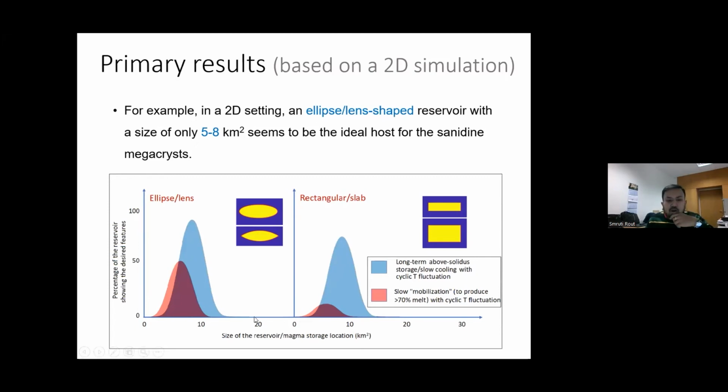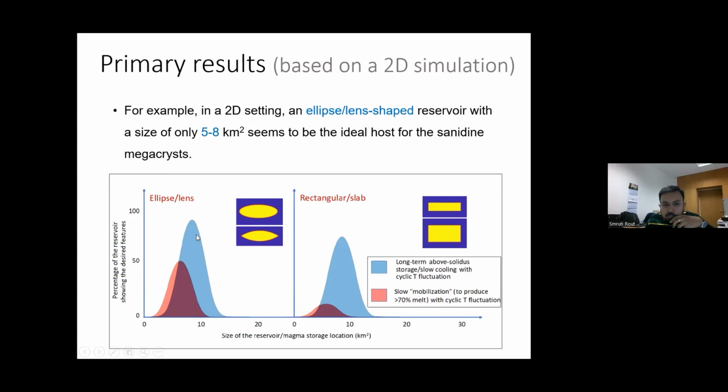So in this plot on the x-axis, we have the range of the sizes used, so basically the area, and on the y-axis, we have the fraction of the reservoir where the desired thermal history is observed.